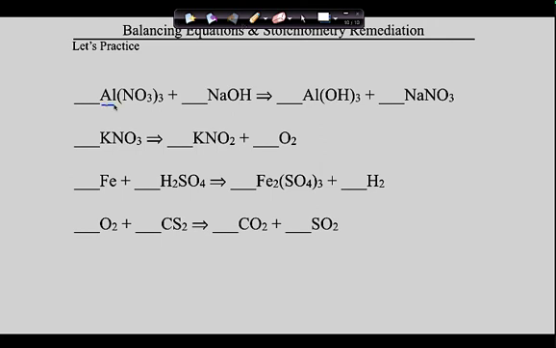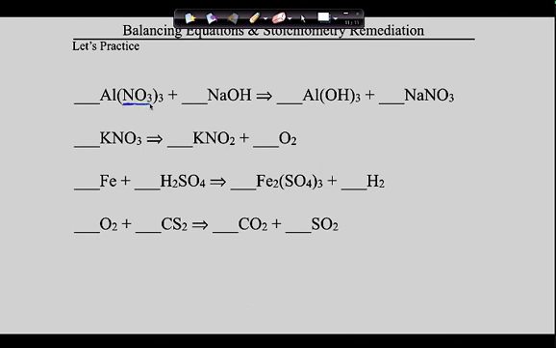So starting on the left we've got 1 aluminum, and looking on the right we've also got 1 aluminum, so the aluminum's balance. You'll notice next we come to nitrogen. But we'll notice that nitrogen is actually a part of the polyatomic NO3.